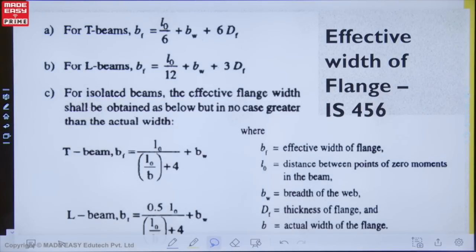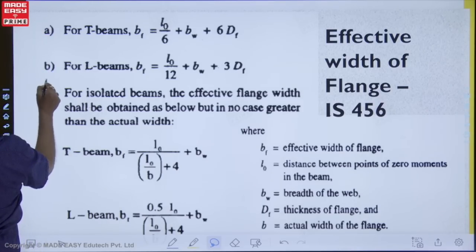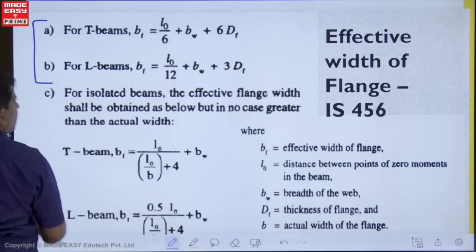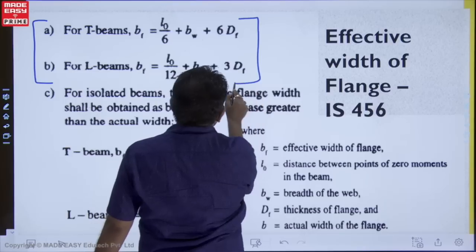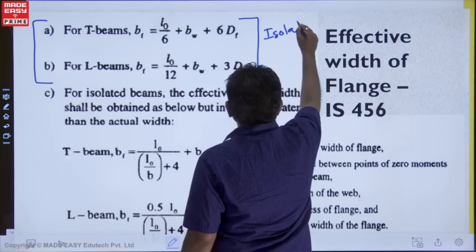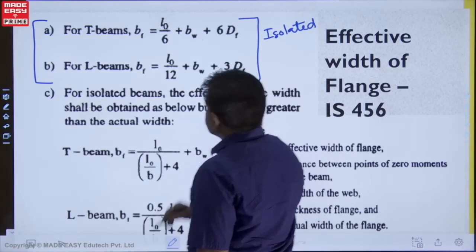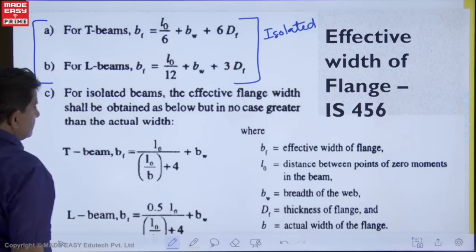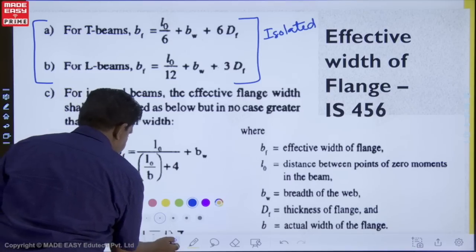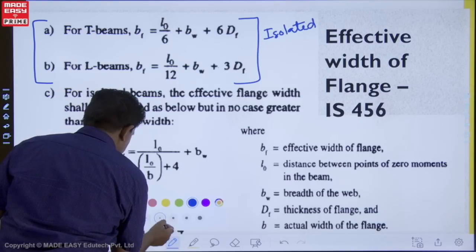For this, the Indian Standard Code has given these provisions. These provisions you need to understand. These are the two formulas used for isolated T-beam and L-beam.